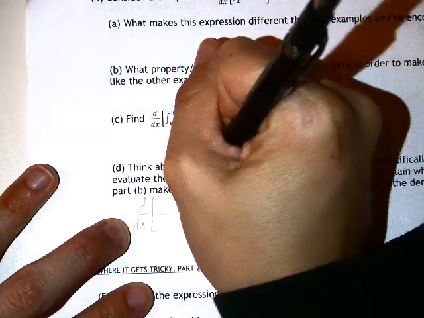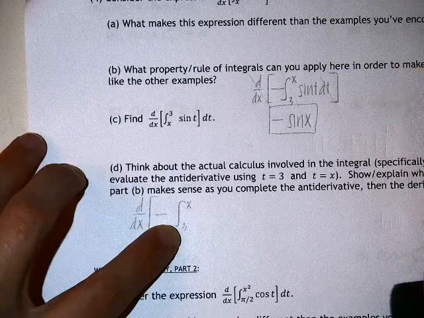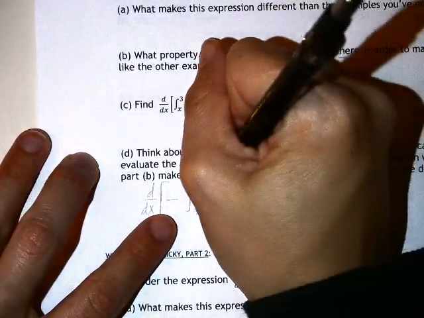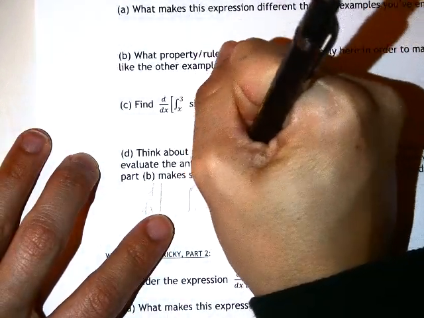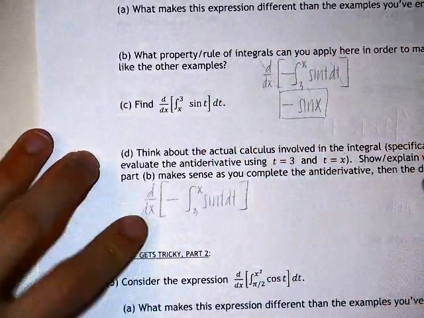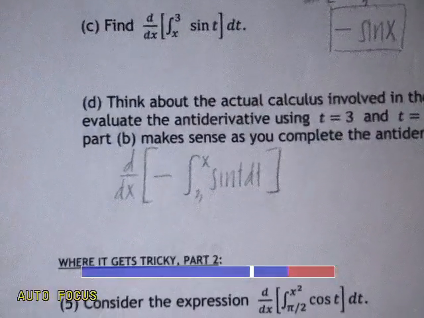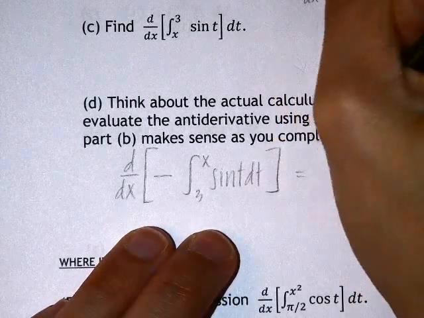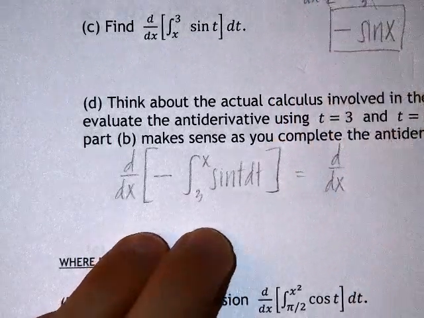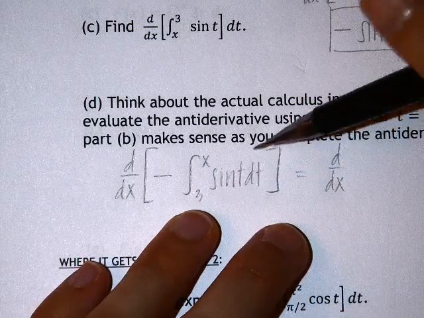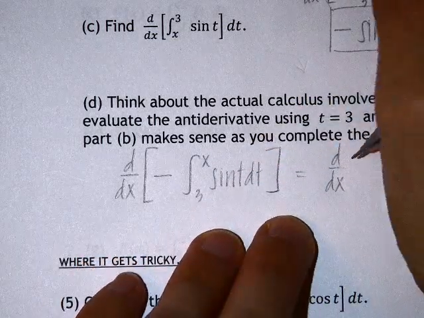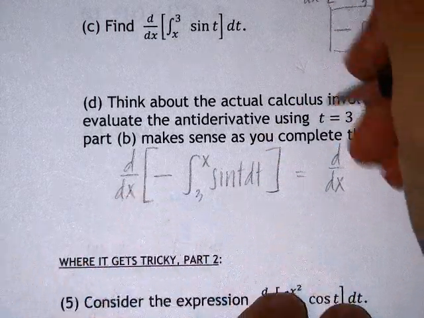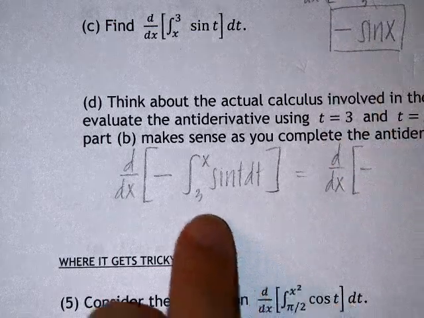We had negative integral from 3 to x. Remember, we switched the order of things. And then we had sine t dt as its function. So if I really wanted to do this for real, I would first do the integral. I would do the derivative part afterwards because it's outside the brackets. I'm going to handle what's inside the brackets or parentheses first. Now, the negative is just going to be there minding its own business.